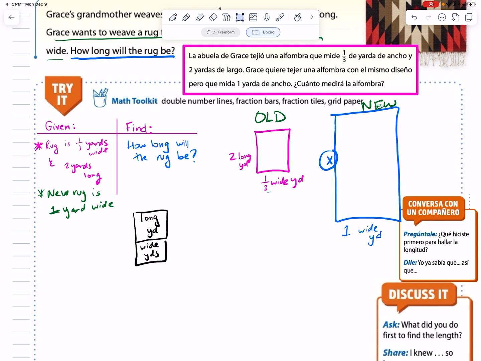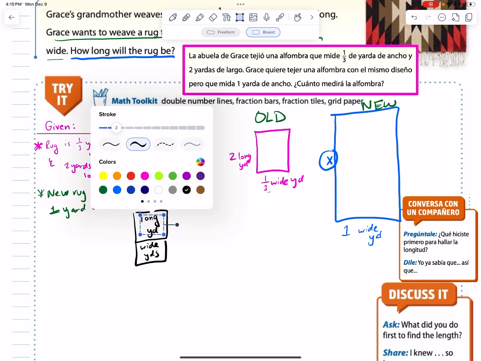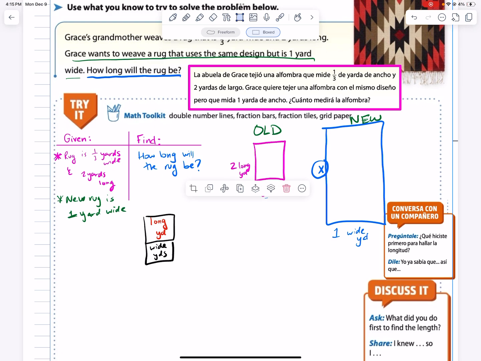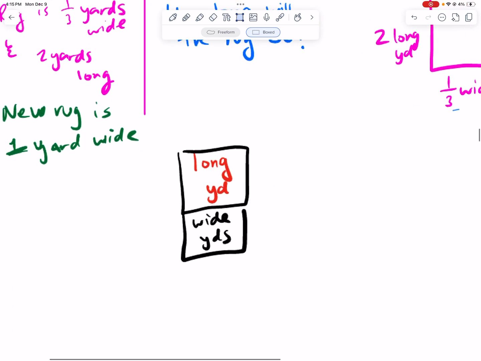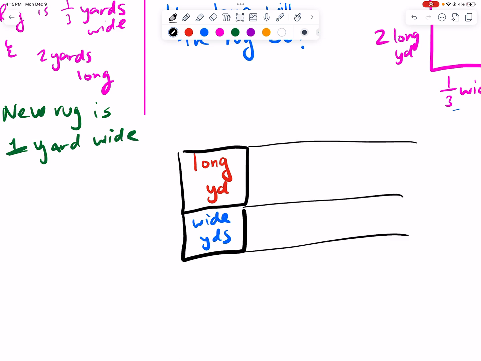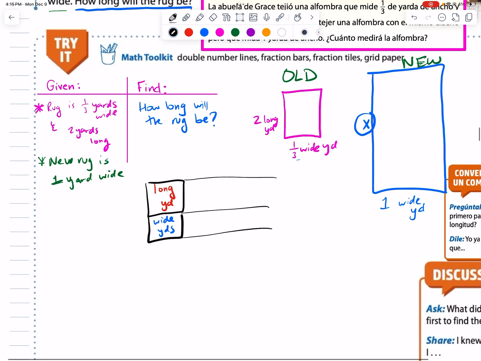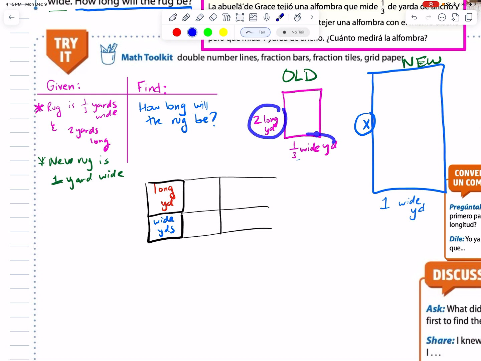I'll change this one to red and this one to blue. Now let's make that table. I don't know how many squares we're going to need, but I'll just make them as I go. The first one is the original rug, so 2 yards long and 1/3.